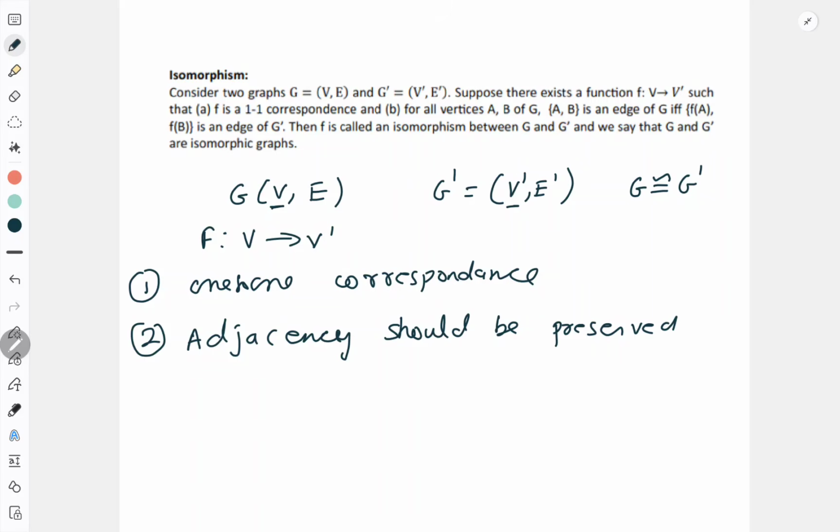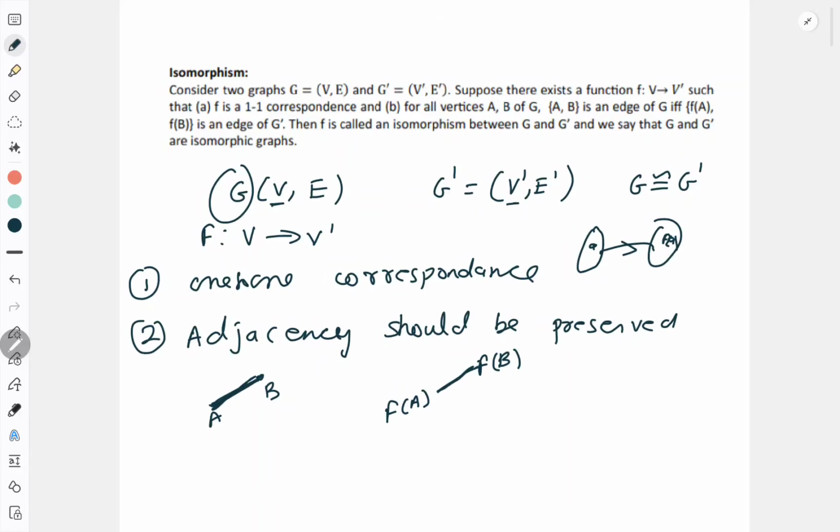See, when I am saying there is a function from V to V dash, if there is a point A here, we are expecting that f of A is here. Correct? The image of A is there. So the meaning of adjacency should be preserved is that if AB is any edge in G, then corresponding to this AB, there should be an edge in G dash, f of A, f of B. So if AB is sitting in G, f of A and f of B should be sitting in G dash.